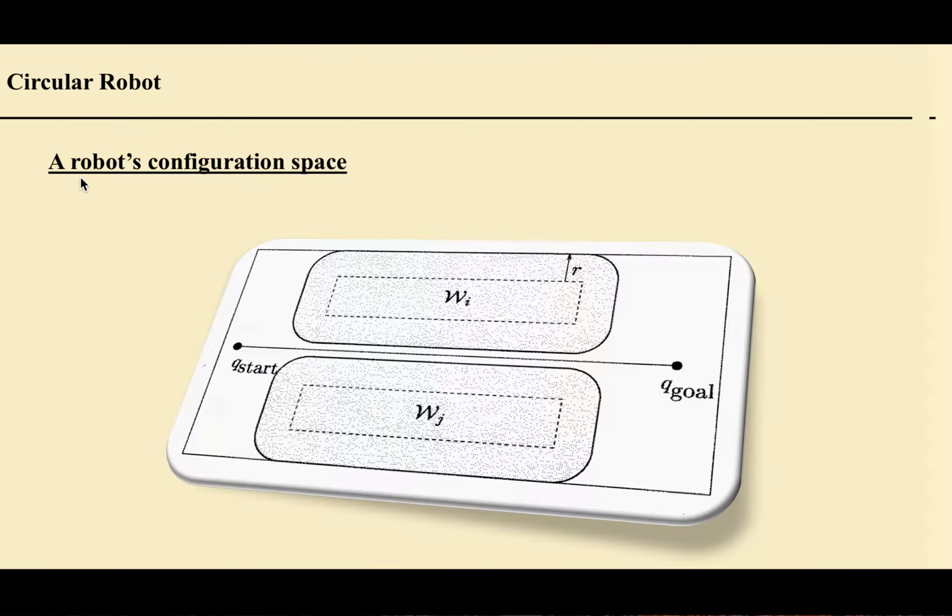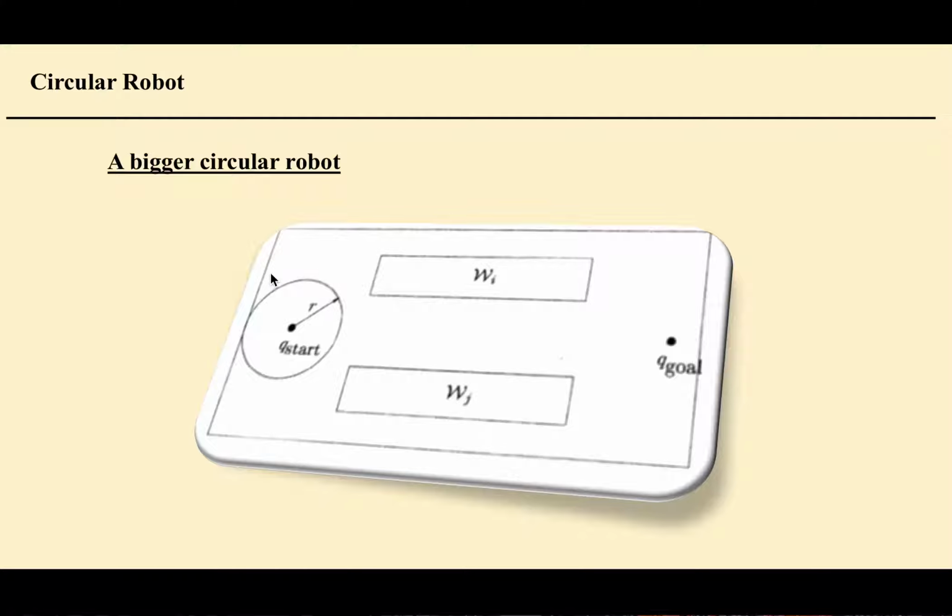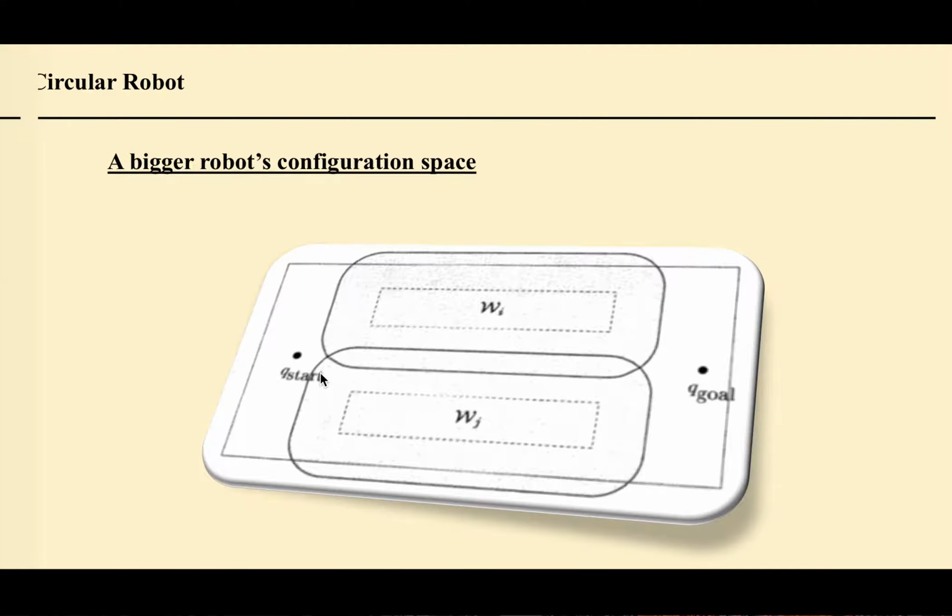All right, we have another example here. We have a bigger circular robot with the same obstacles and the Q start and Q goal. The question here again is: is the robot safe to move? We're going to try to find the C space by adding the radius to the obstacles.